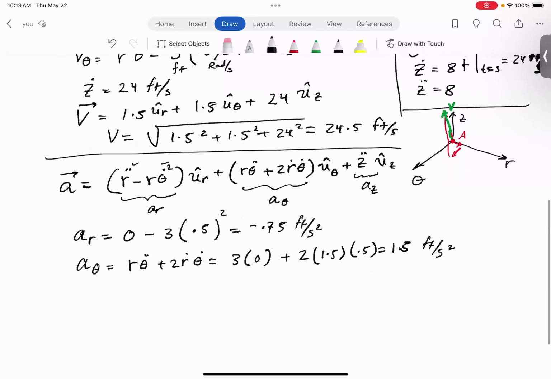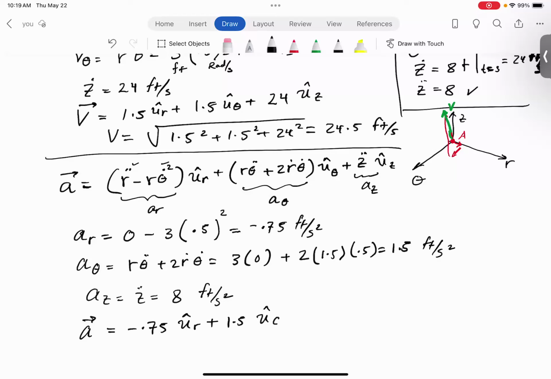And then finally, z double dot, or a sub z is z double dot, right? Which is 8, right? It's right here. So here we go. Our acceleration is going to be negative 0.75 u sub r plus 1.5 u sub theta plus 8 u sub z. So the magnitude of acceleration would be square root of minus 0.75 squared, 1.5 squared, and 8 squared.